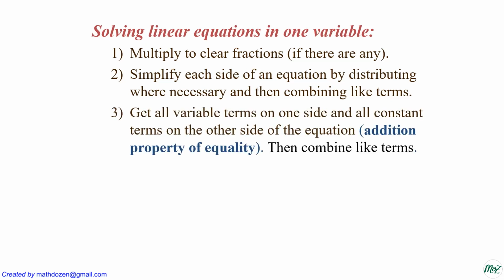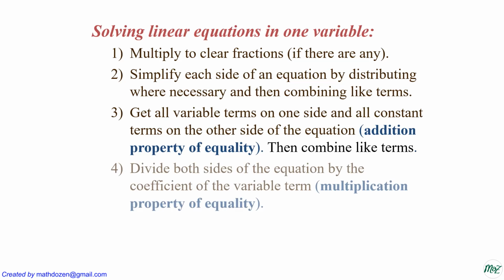Third step is making sure that all of your variable terms will be on one side. In this, we're going to use the addition property of equality. So we're going to add something to both sides or subtract something from both sides. Step number 4 is using the multiplication property of equality.